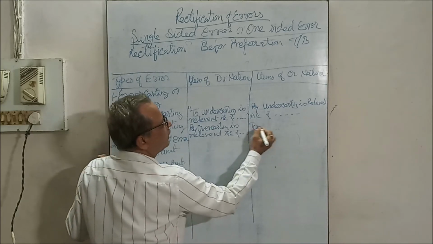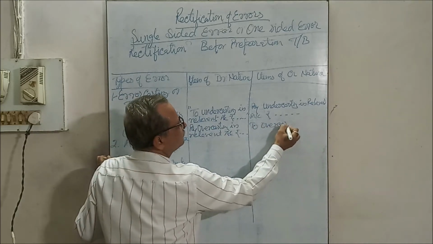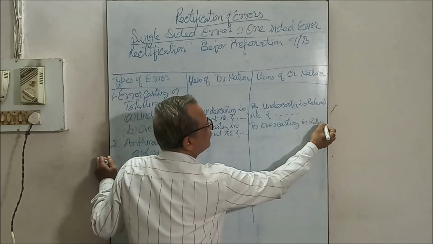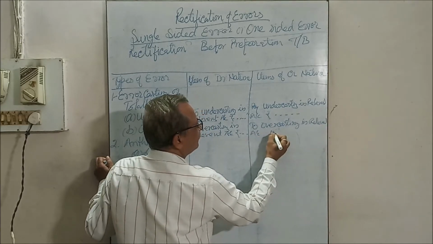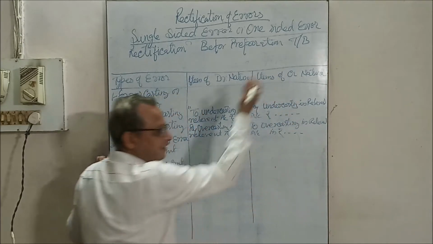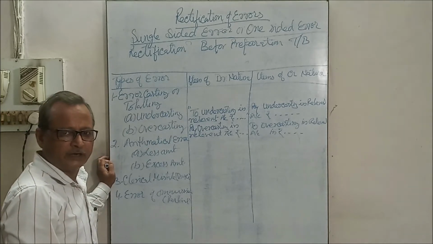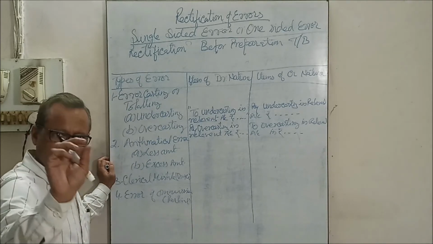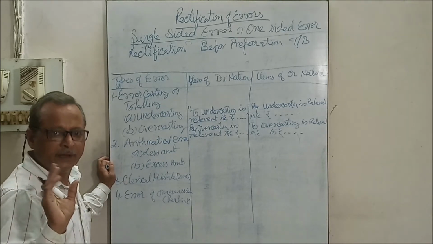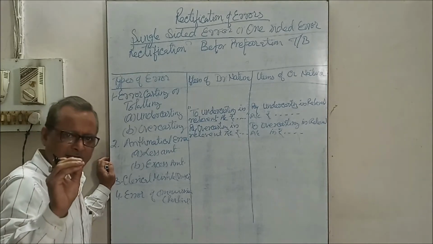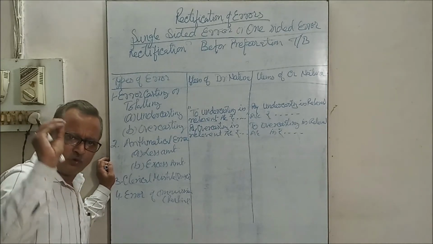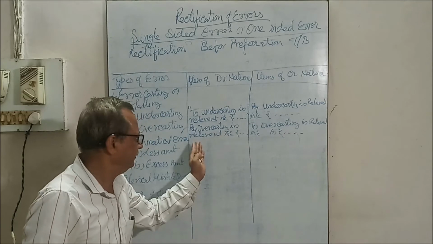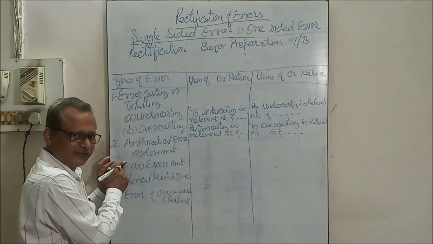And if the credit item is excessively totaled, over totaled, then reduce it. To reduce the credit item, debit it with the difference amount. If the correct total should be 450 but wrongly it was totaled as 550, the 100 rupees is excess, so By overcasting.